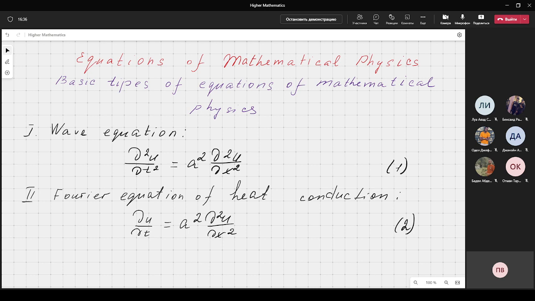Some problem in probability theory, etc. This equation is the simplest of the class of parabolic equation.